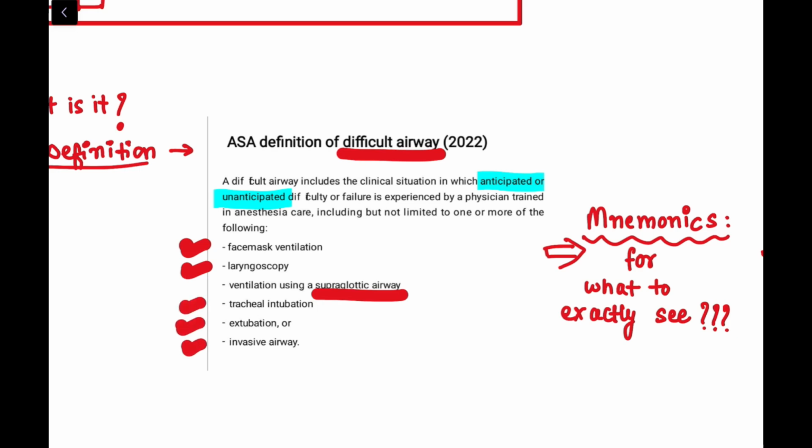This is exactly the sequence that a person has to undergo, starting from the face mask ventilation till, if it is a cannot intubate, cannot ventilate situation, then they have to undergo invasive airway. So every single step, if there is a difficulty, whether anticipated or unanticipated, is difficult.